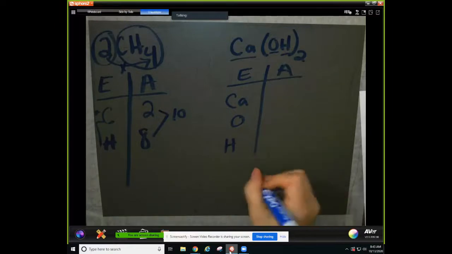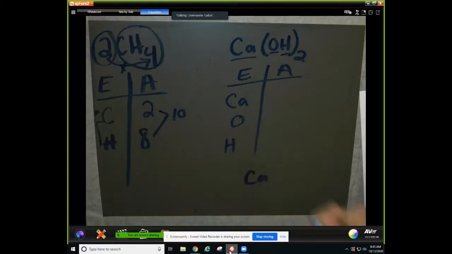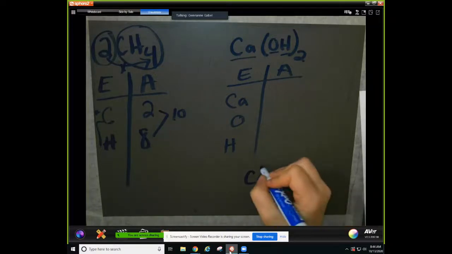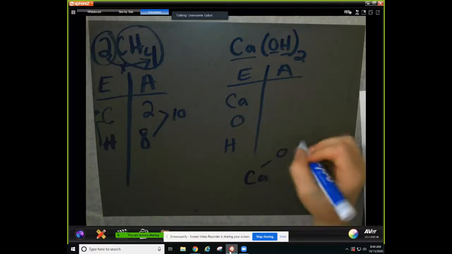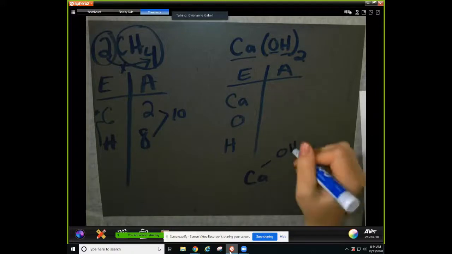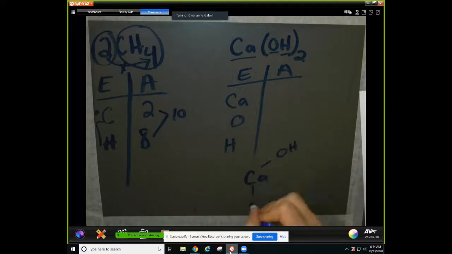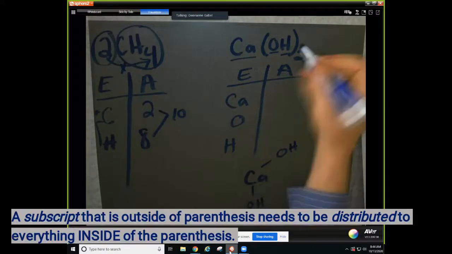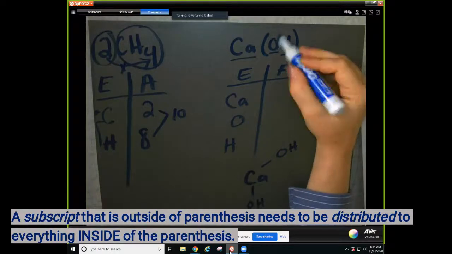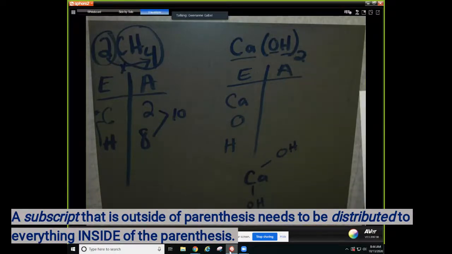Okay? Ca, which is bonded with OH. That's how I'm going to draw this. But there's 2 of them. This subscript tells me I have 2 of these. So that's what this picture looks like.